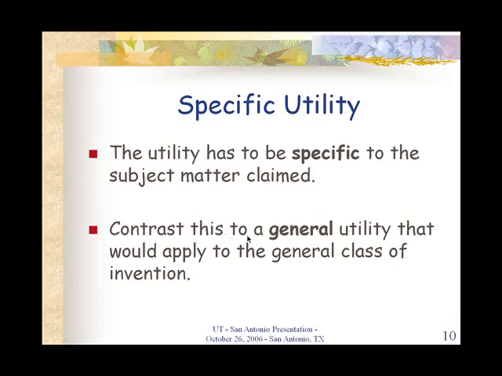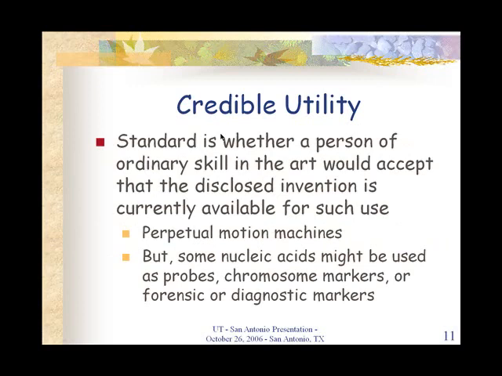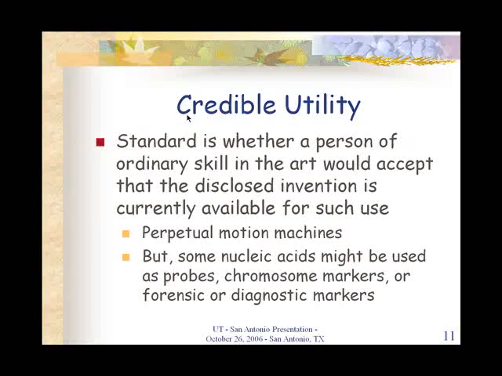You contrast this to a general utility that would apply to the general class of the invention. So is it a computer-dependent software package that is going to accomplish something in the arena of biology? So it crosses from general to specific, and it has to be obvious how they link and interplay and are interdependent if necessary.